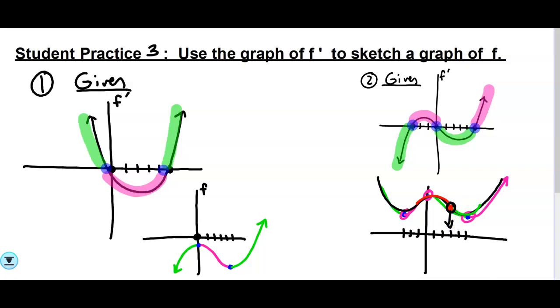Now I want to come up here to our graph of f prime and look at what happens at f prime at 3. Well, what's significant about that point on f prime? It's a horizontal tangent line. So it looks like f prime has a 0 slope anytime f has a point of inflection.